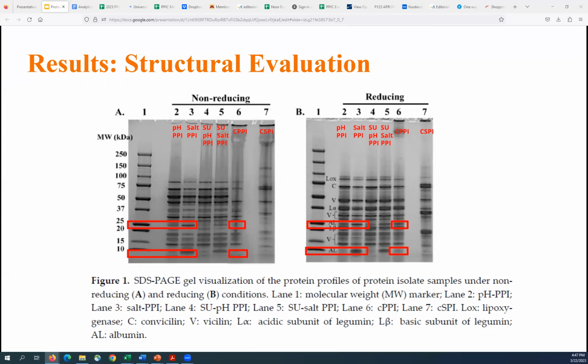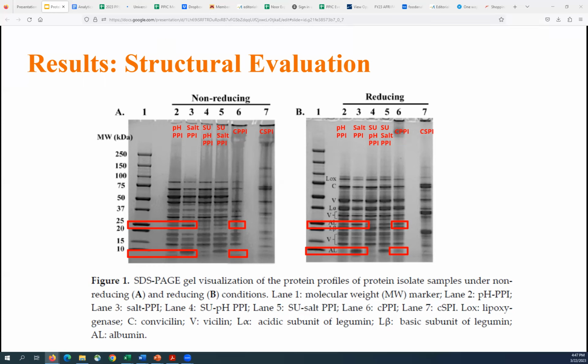So at pH 4.5, we were able to precipitate these proteins, but this isoelectric point isn't inclusive of albumin proteins, which have an isoelectric point of 5.5 to 6. So basically they were discarded with the supernatant and remained soluble there. The difference is with the salt extract, they were able to be kept. So that's the presence that we're seeing there.